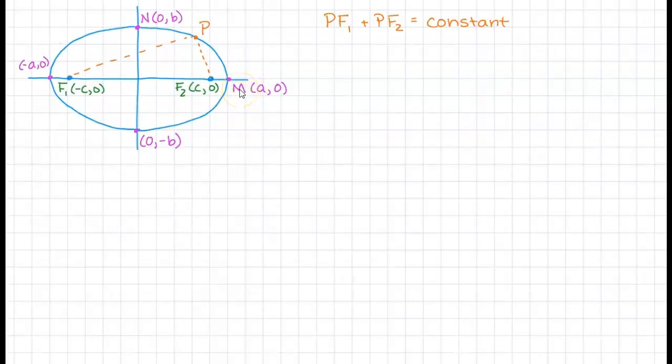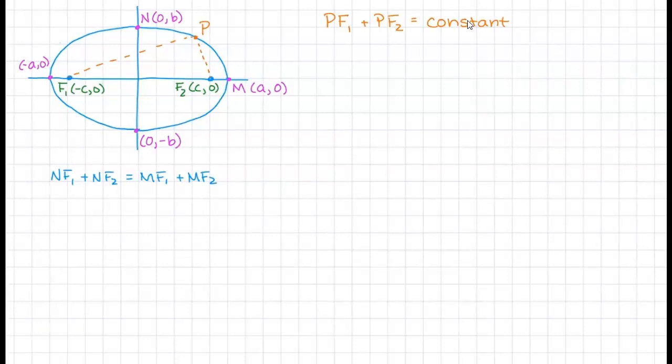So again, the distance from M to F1 plus M to F2 should be equal to this constant, and N to F1 plus N to F2 should also be equal to this constant. So I'm actually going to make a formula out of that. I'm going to say that NF1 plus NF2 should equal MF1 plus MF2.